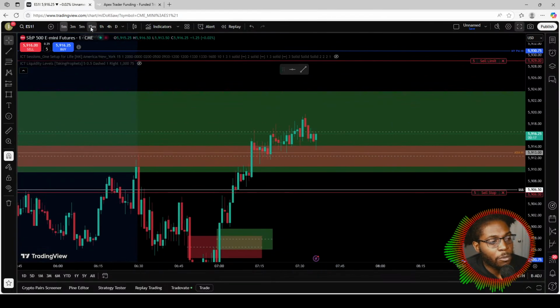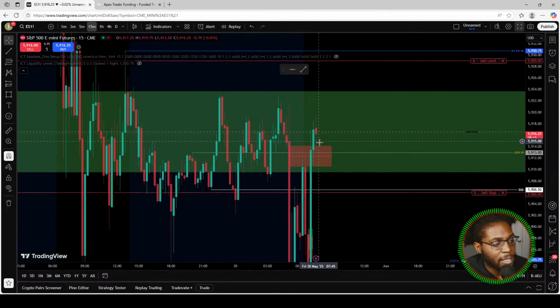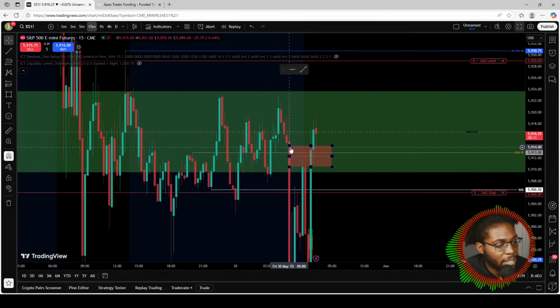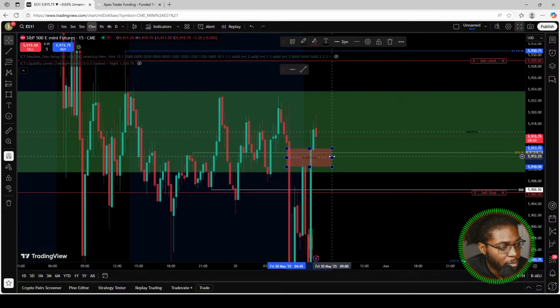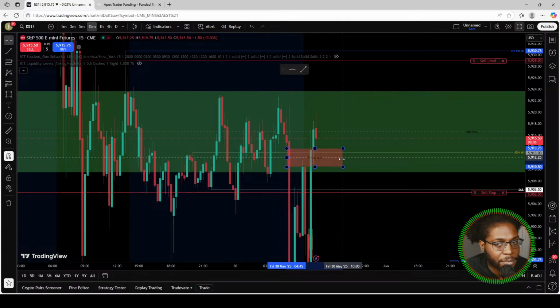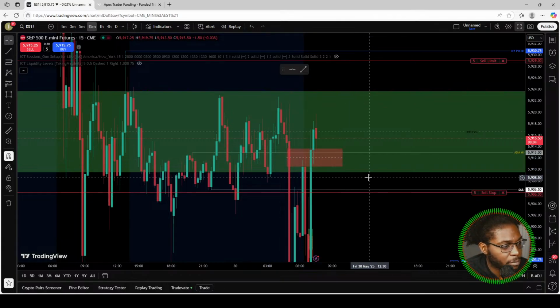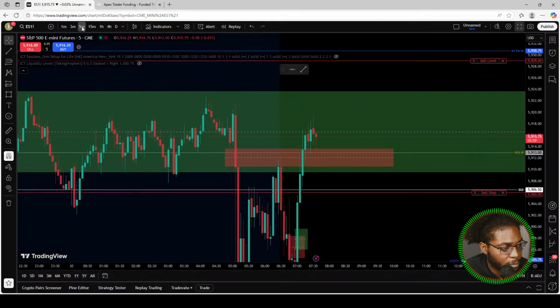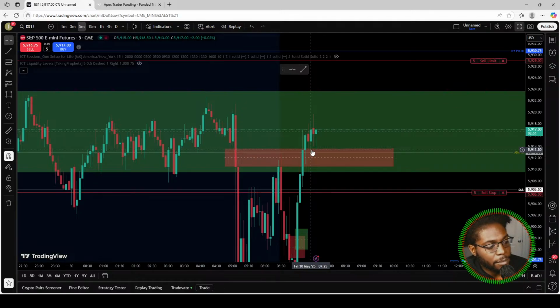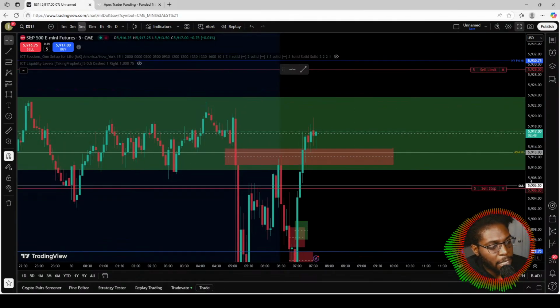So now I think we officially got that tap back into this 15 minute inverted gap. Okay. Yeah, that's a good stop. That's a good price point.